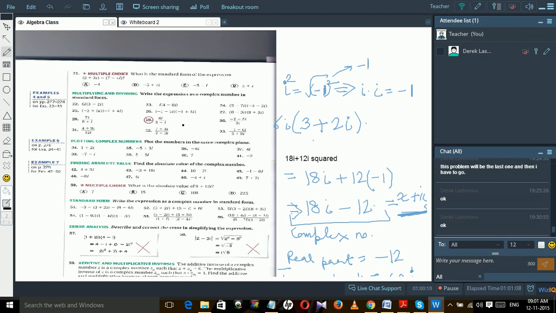For example, in the next question, question number 29, it is 6i divided by 3 minus i. I want to eliminate the denominator part, because it is not looking good and it is not easy to evaluate or solve further.